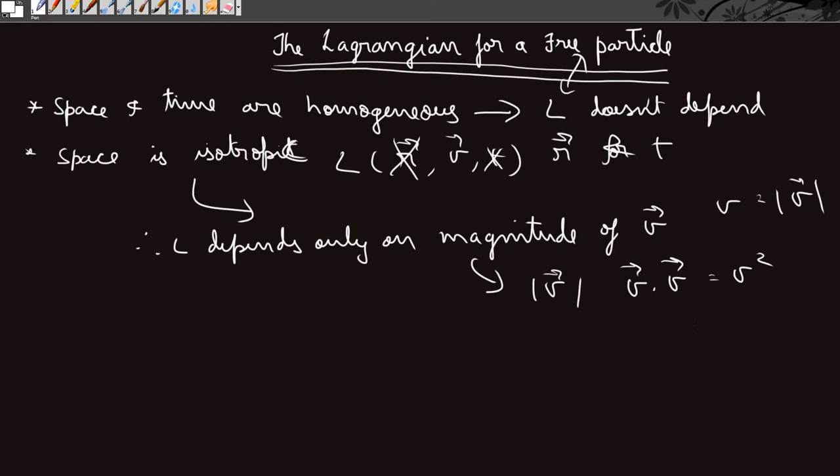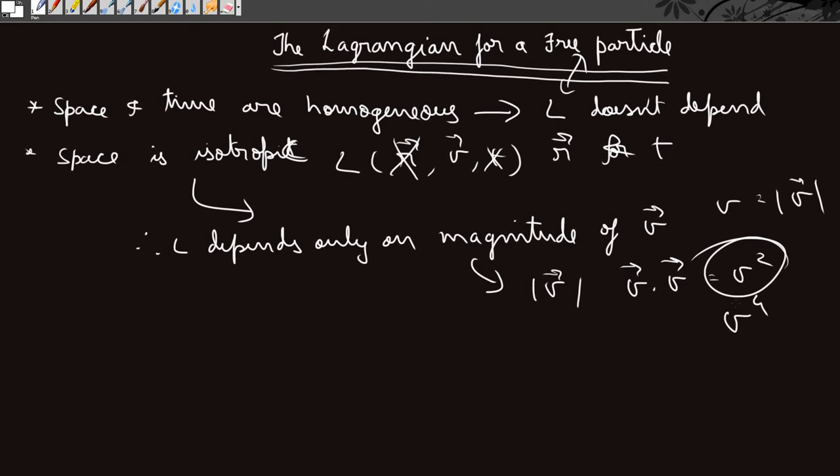And we can also use v to the power 4 or any even power for that matter, and all of them will give some information regarding the magnitude of the velocity. But in the previous video, we had assumed that L is only a function of v squared, and I said that further justification for this will be given in this video.